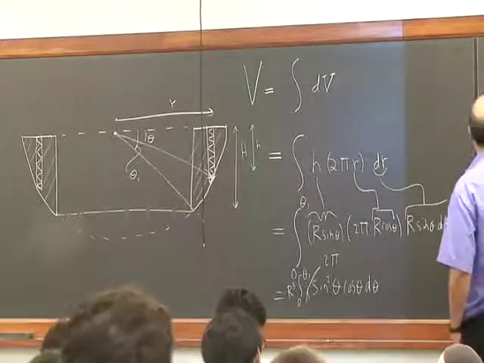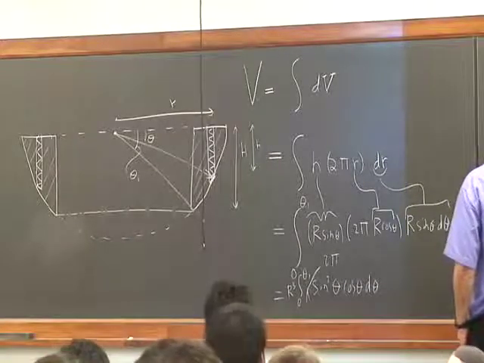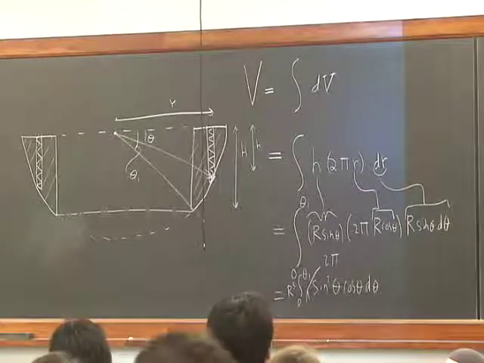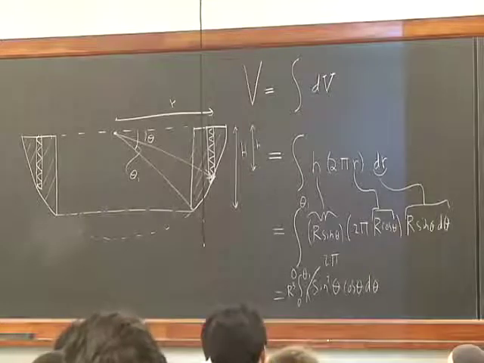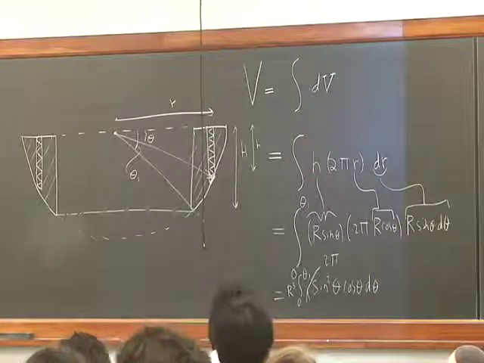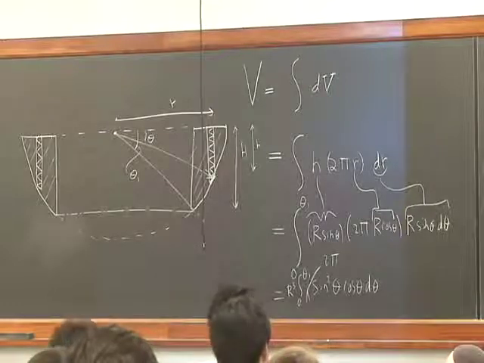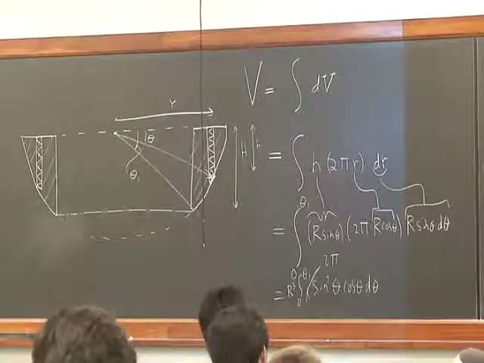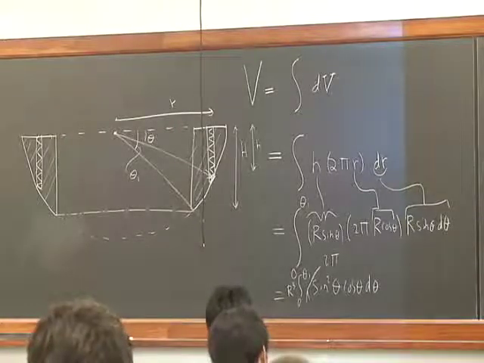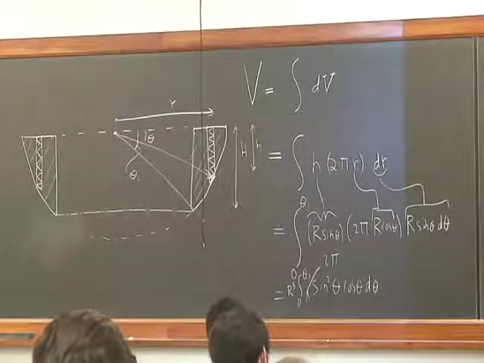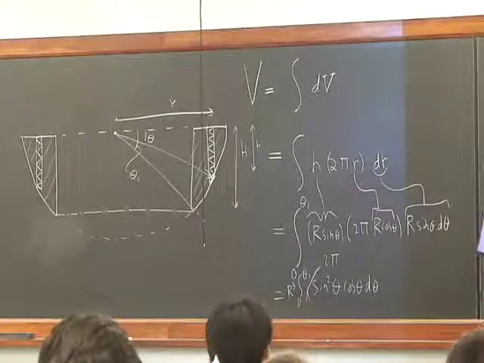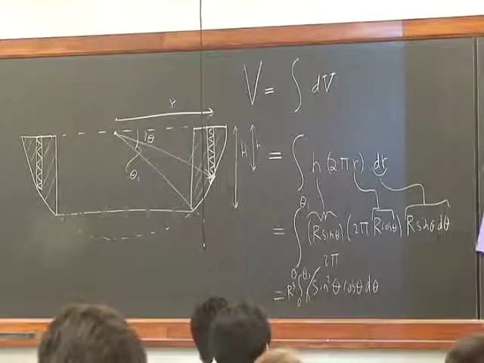And u squared du integrates to u cubed over 3, evaluated between 0 and sine theta 1. But r times sine theta 1 is capital H. So this turns into 2 pi times h cubed over 3.